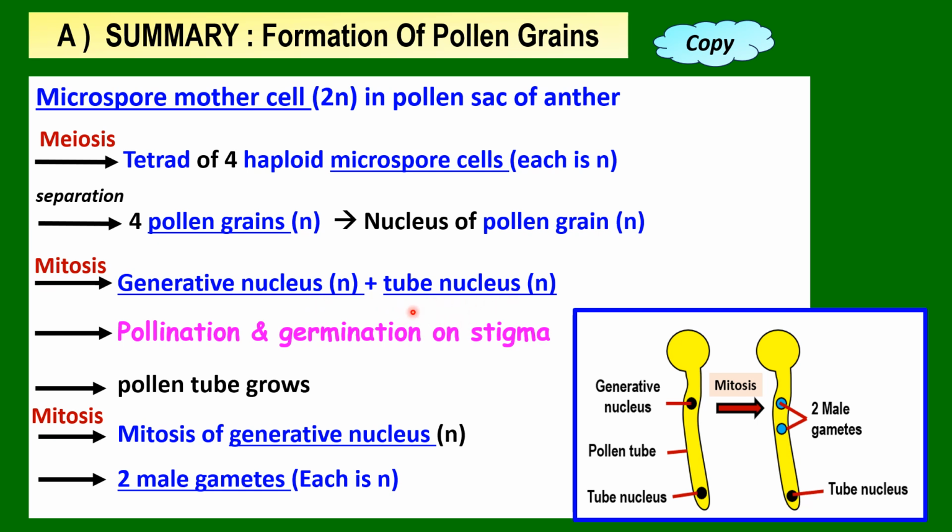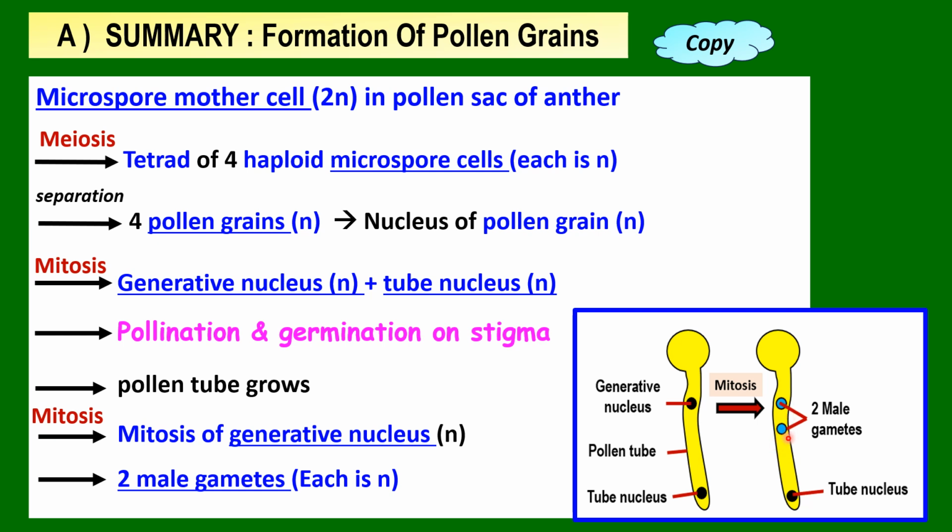But that's not the end of the story, because the process has not ended. When pollination has occurred and the pollen grain germinates, that means it grows a long tube on the stigma. After the pollen tube starts to grow, there's mitosis again. That's the mitosis of only one nucleus, the generative nucleus, to form 2 male gametes.